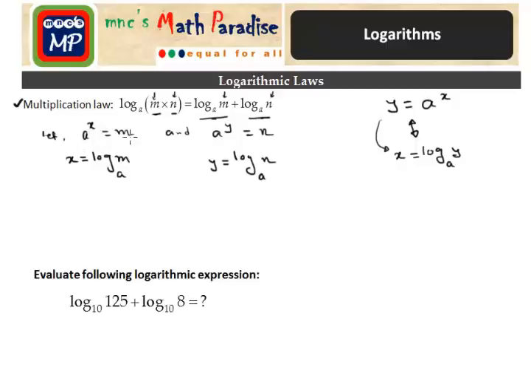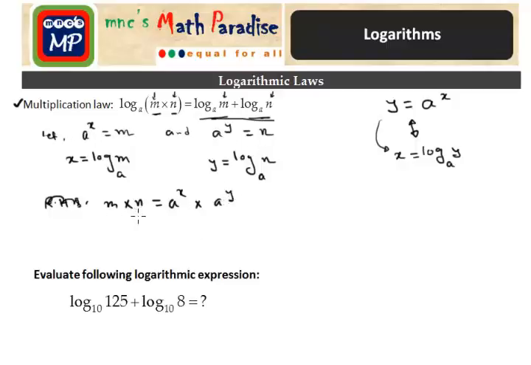So if a to the power x equals m, then we can write x equals log base a of m, and if a to the power y equals n, then we can write y equals log base a of n. Now let us first find m times n. m is a to the power x, times n is a to the power y.